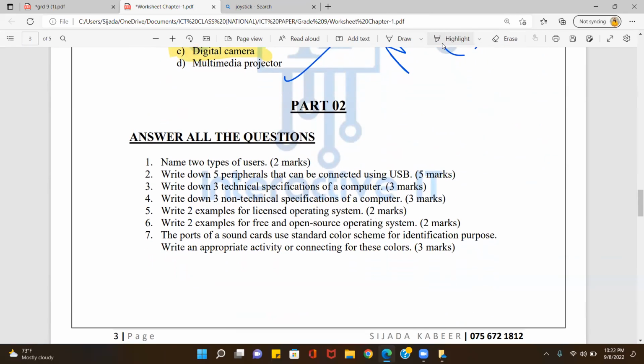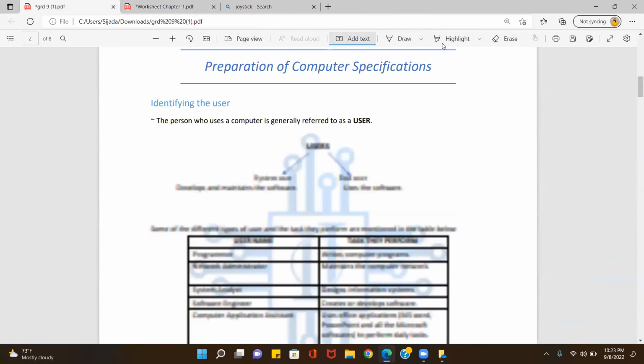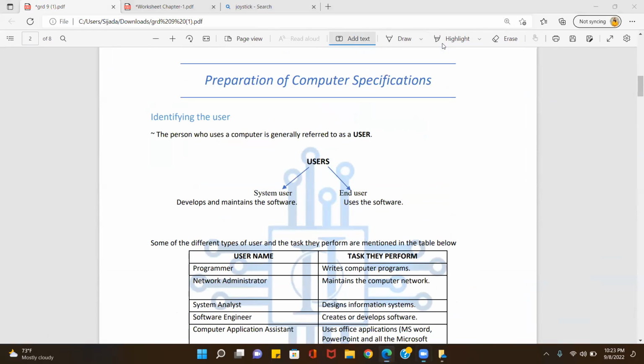Then the next part 2, answer the following question. Name the 2 types of users. Who are users? Users are basically the ones who are using the computer. There are 2 types of users, namely system user and end user.